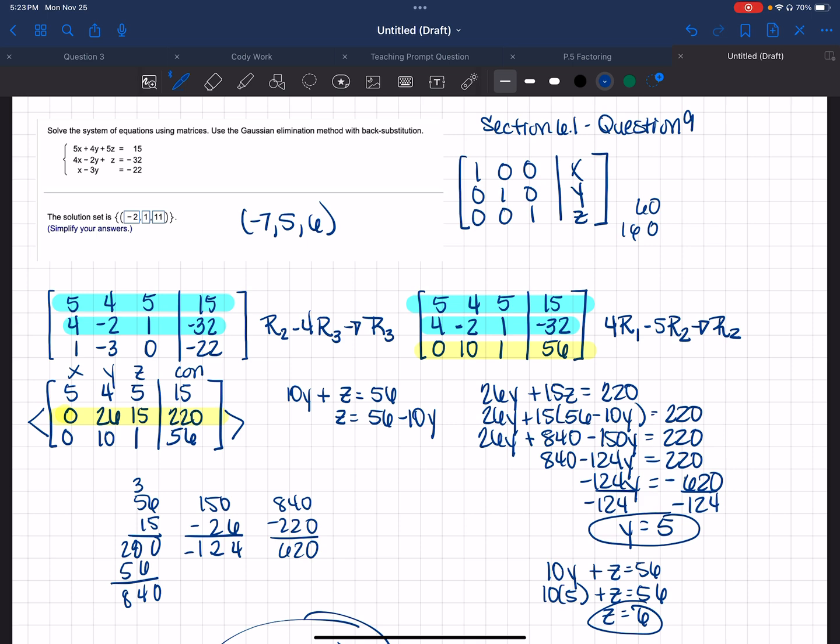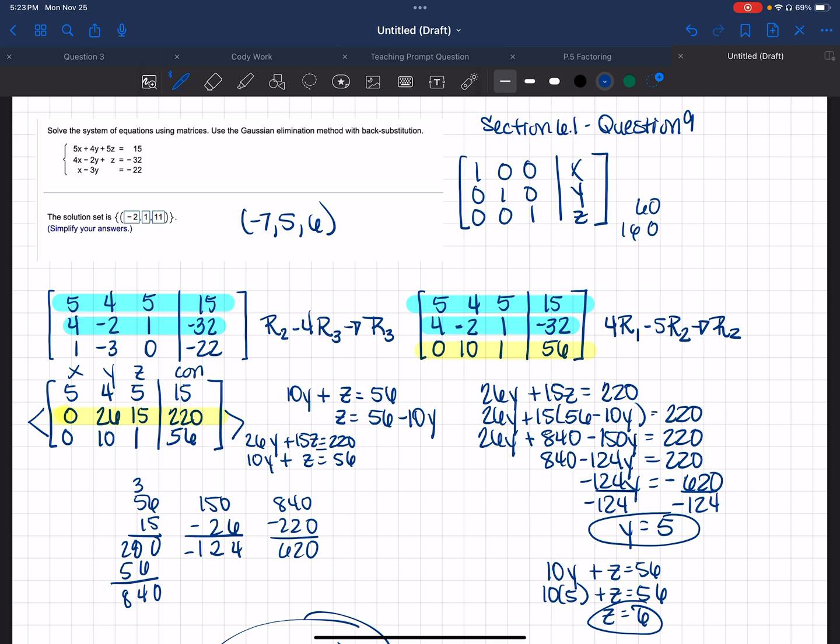So I have 26y plus 15z equals 220, and 10y plus 1z equals 56. So these two right here stand for 26y plus 15z equals 220. And I've got 10y plus z equals 56.